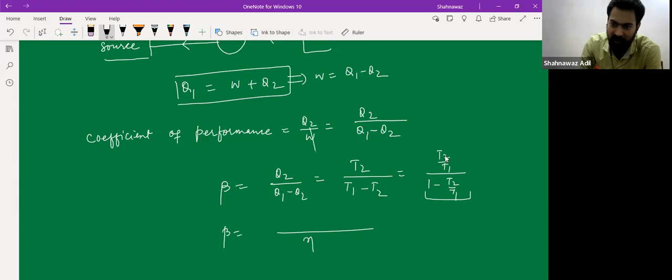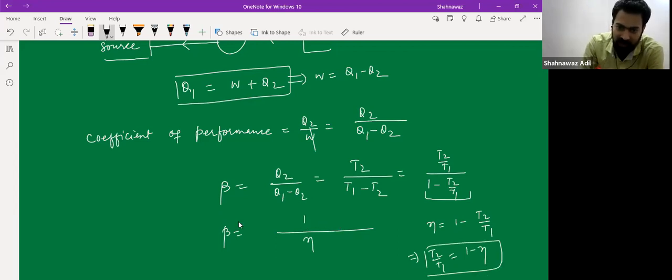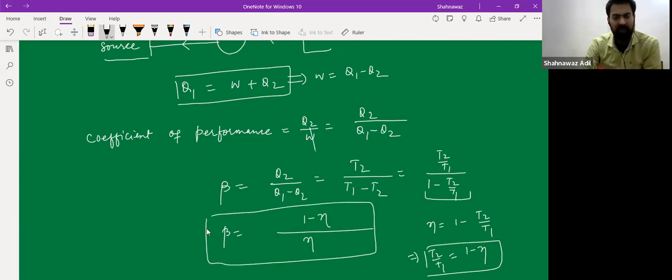And what is T2 by T1? So we have to write this T2 by T1 in the form of this efficiency. So efficiency is 1 minus T2 by T1. So T2 by T1 would be what? 1 minus efficiency, eta. So this is 1 minus eta. Okay. So this is the coefficient of performance in the form of this efficiency, right?